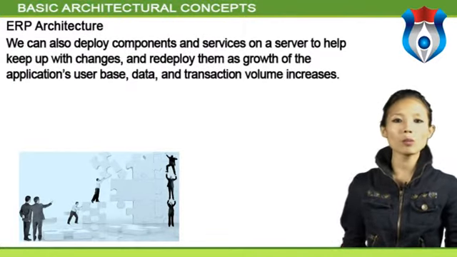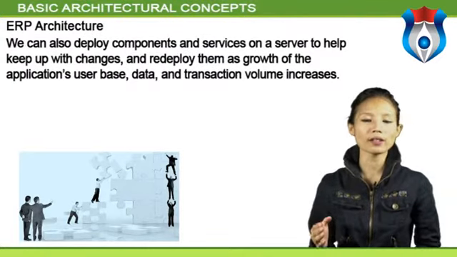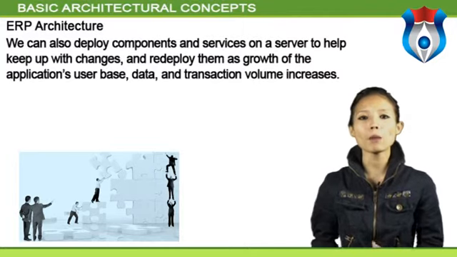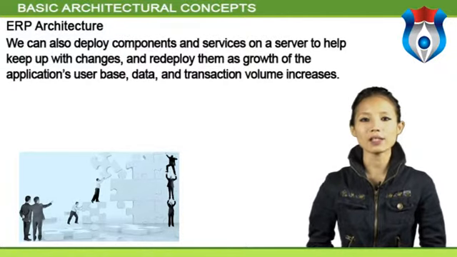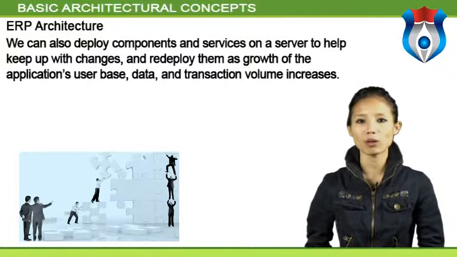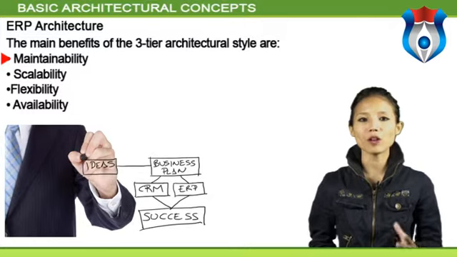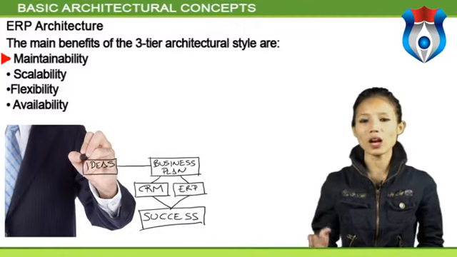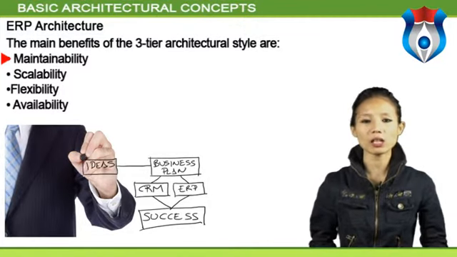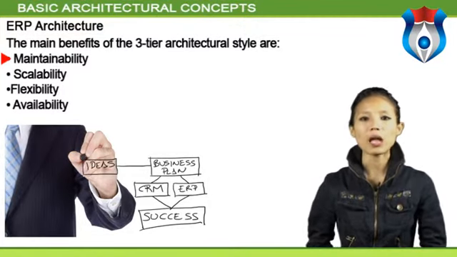We can also deploy components and services on a server to help keep up with changes and redeploy them as growth of the application user base, data, and transaction volume increases. The main benefits of the three-tier architectural style are maintainability. Because each tier is independent of the other tiers, updates or changes can be carried out without affecting the application as a whole.